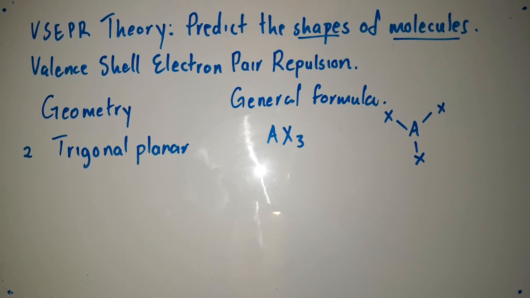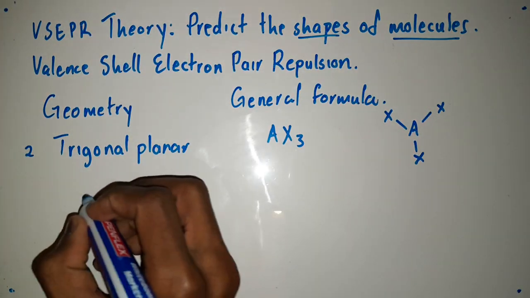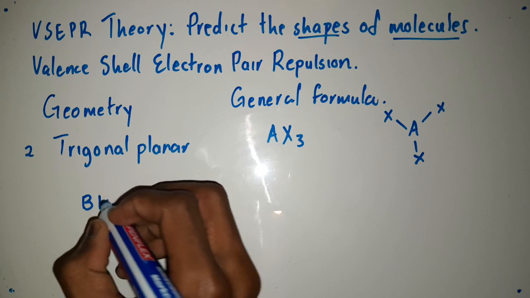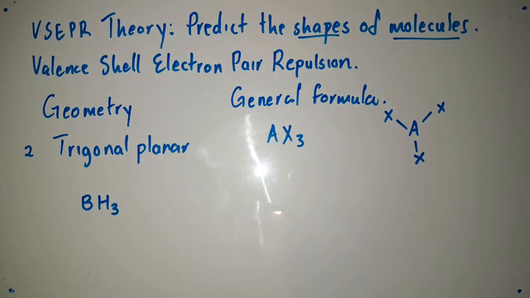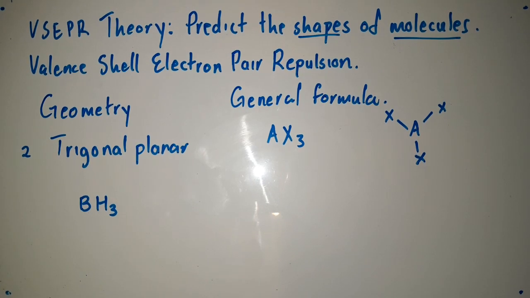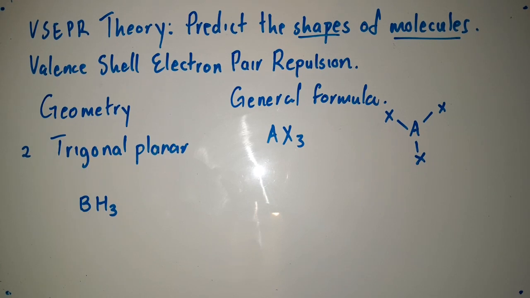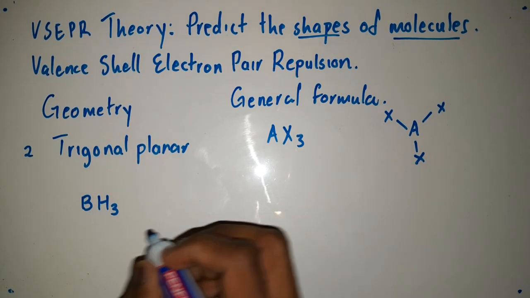Then the example that I'm going to give is boron trihydride. We know that boron is in group number 13, which means it's going to have 3 valence electrons in the outermost energy level.